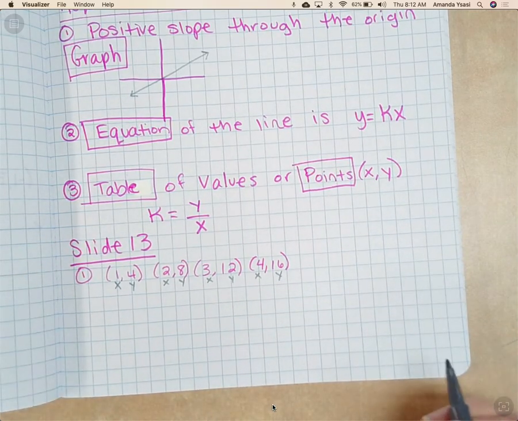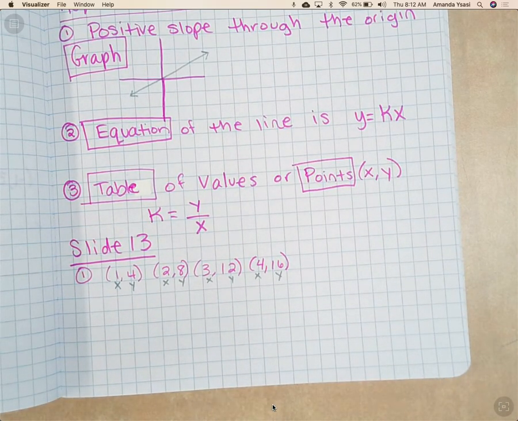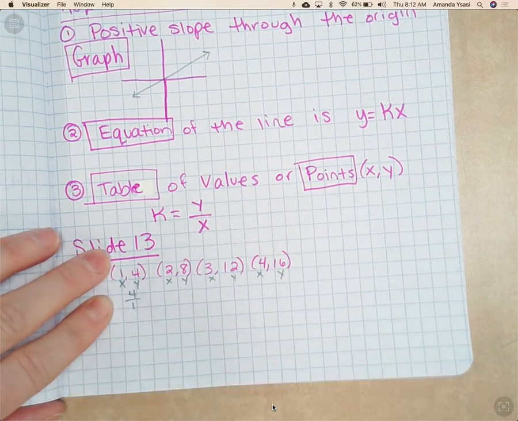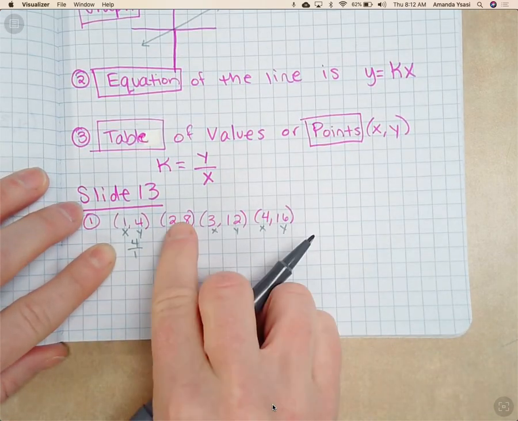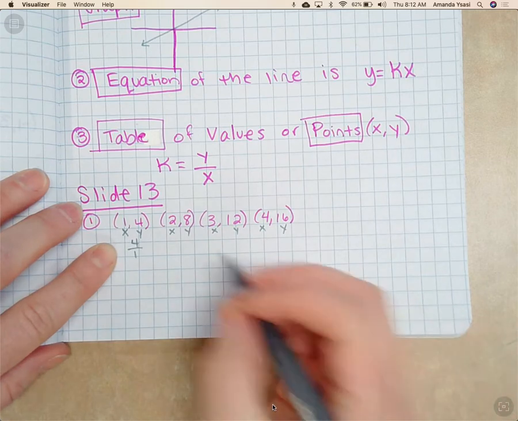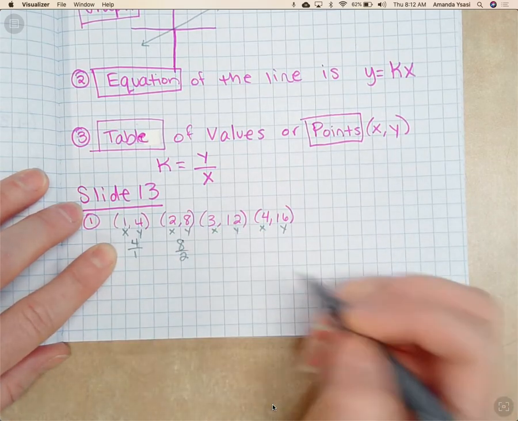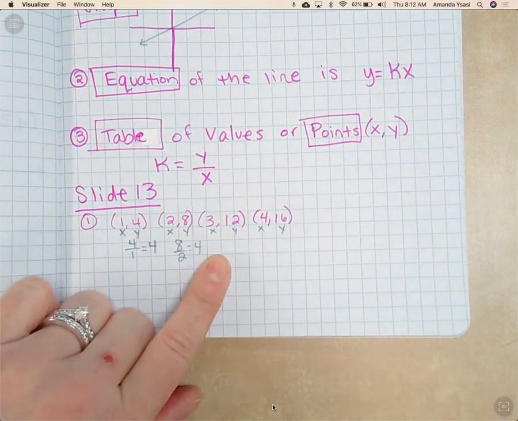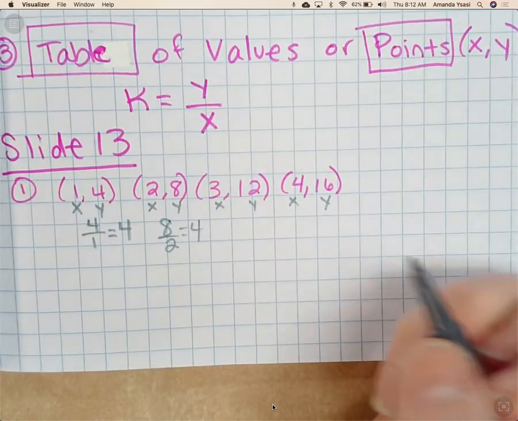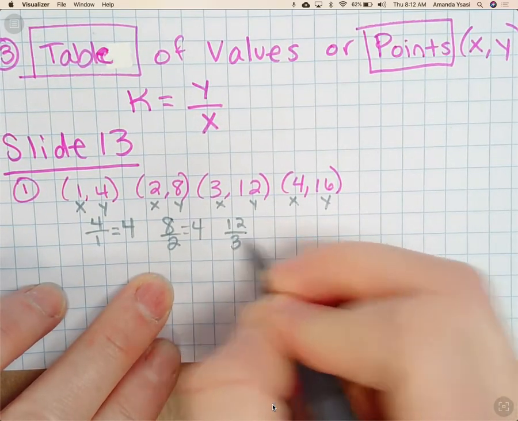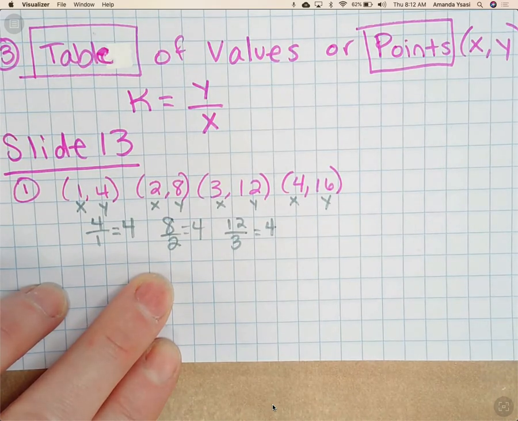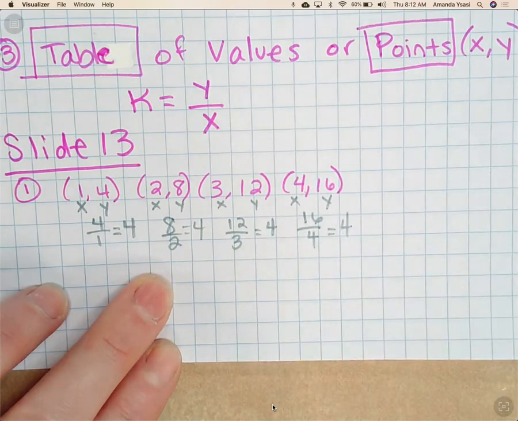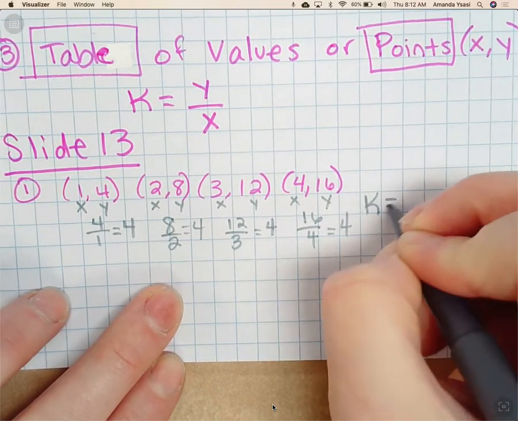If it is a direct variation relationship, then you should have the same k value every time. So y over x, this would be 4 over 1. 8 over 2, because it's y over x. What does 8 over 2 equal? What does 4 over 1 equal? 4. Okay, then the next one is y over x. So it'd be 12 over 3, which also equals 4. 4, 16, y over x. 16 over 4 equals 4. So our constant of variation, k equals 4.